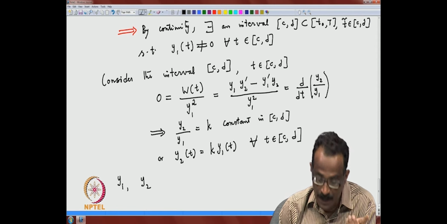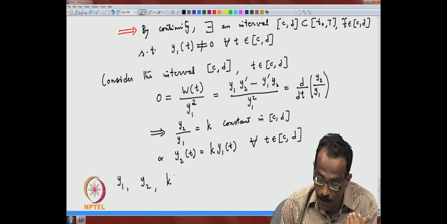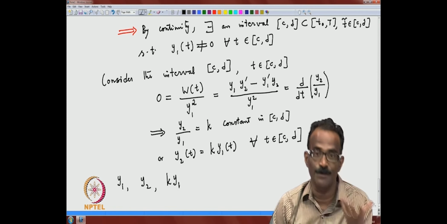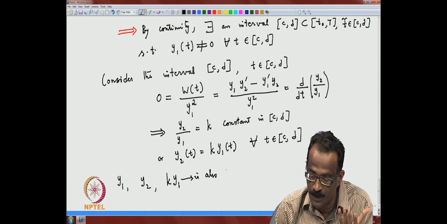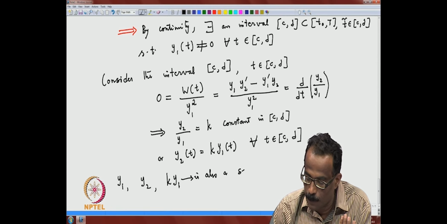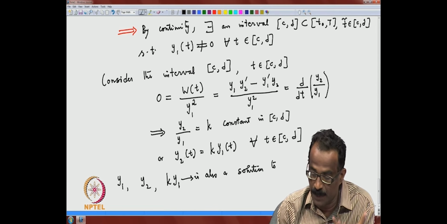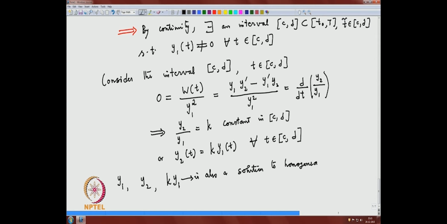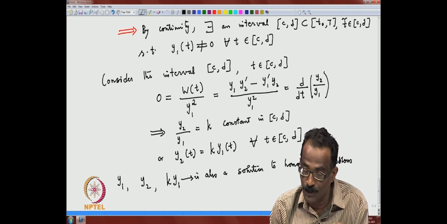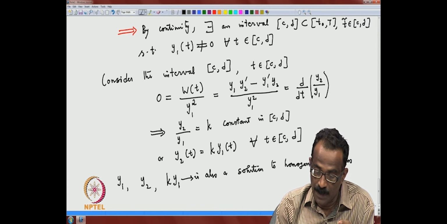Therefore, k y1 is also a solution to your homogeneous problem. But y2 is k y1 in that interval.